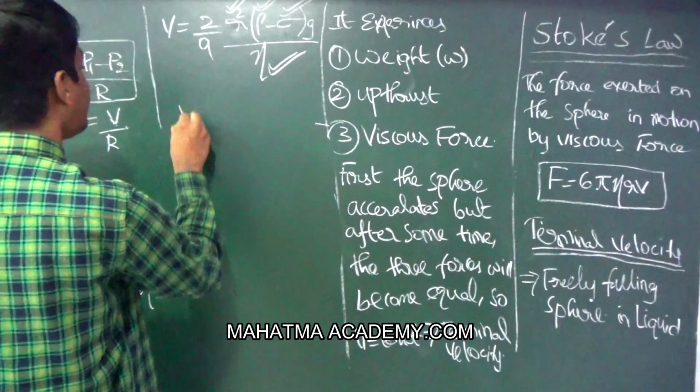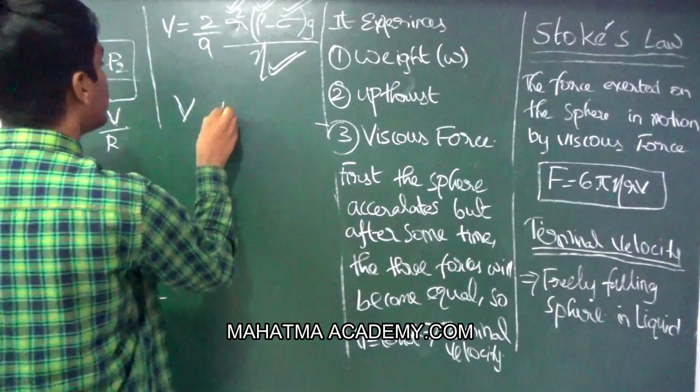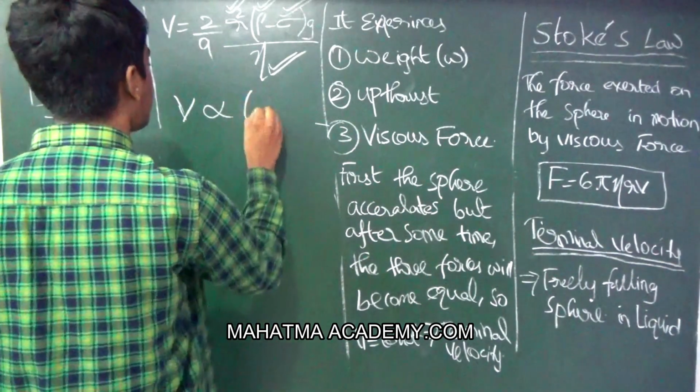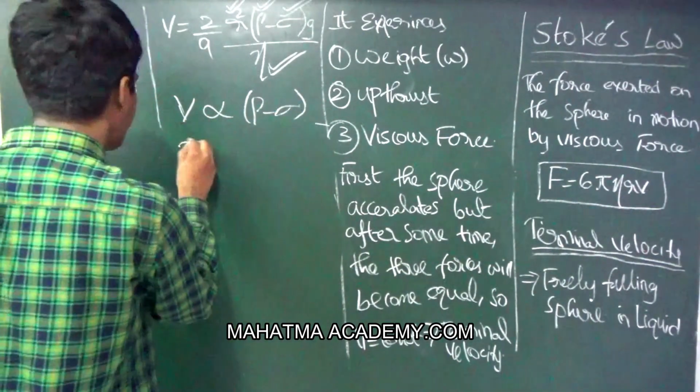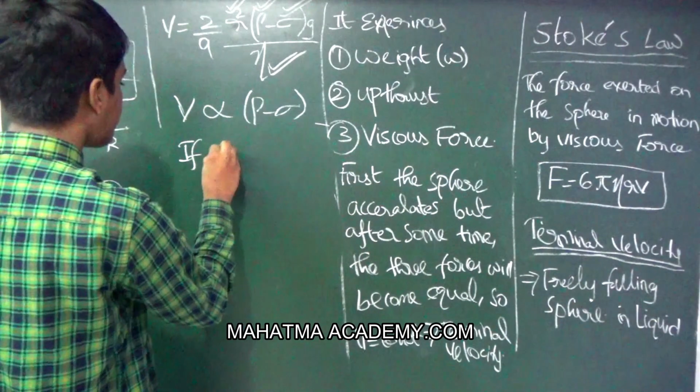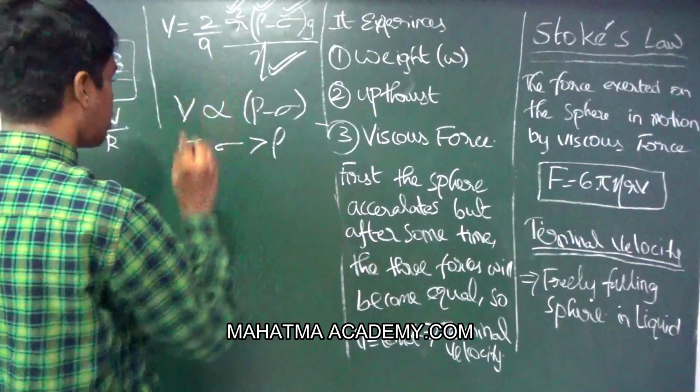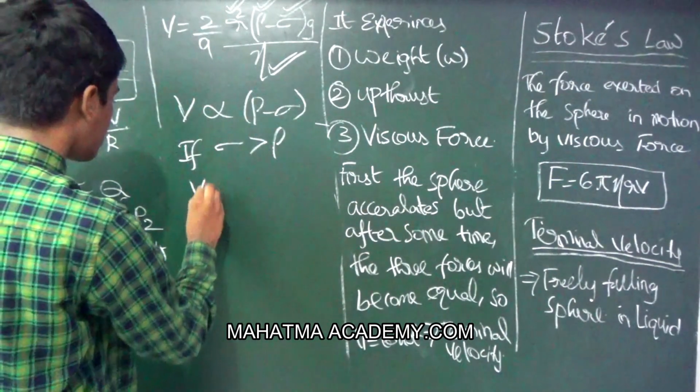Now we will conclude that terminal velocity is proportional to rho minus sigma. What happens if sigma is greater than rho? Vt will become negative.